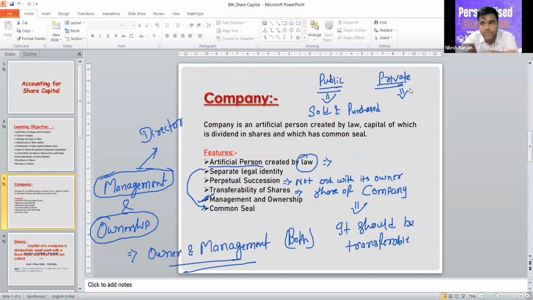You cannot sell them to outsiders. But public company shares can be easily purchased or sold through the share market, the stock exchange, if you know.